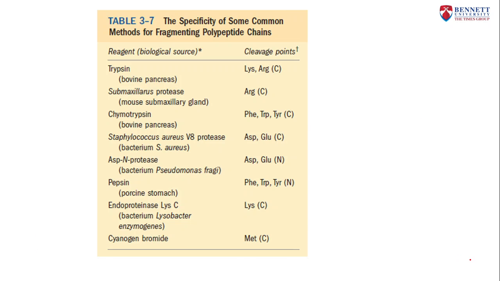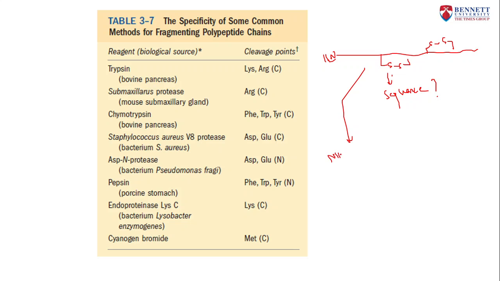So now, let's say you had a big chain with a couple of cysteine linkages, and you want to sequence this protein. You want to find out what each of these amino acids is. You had an N-terminal group, so first you find out what the N-terminal amino acid is, which we already know how to do.